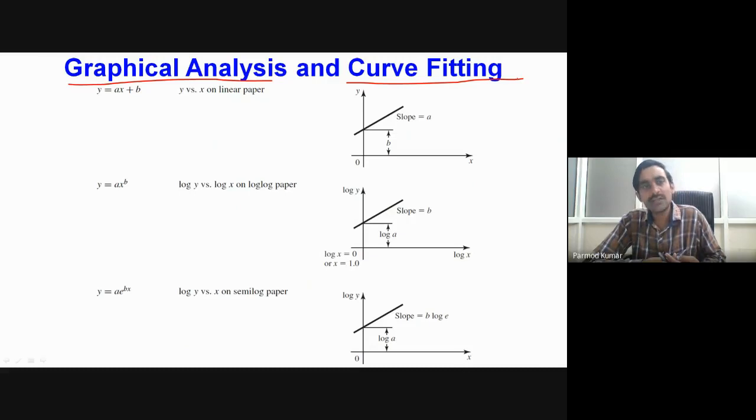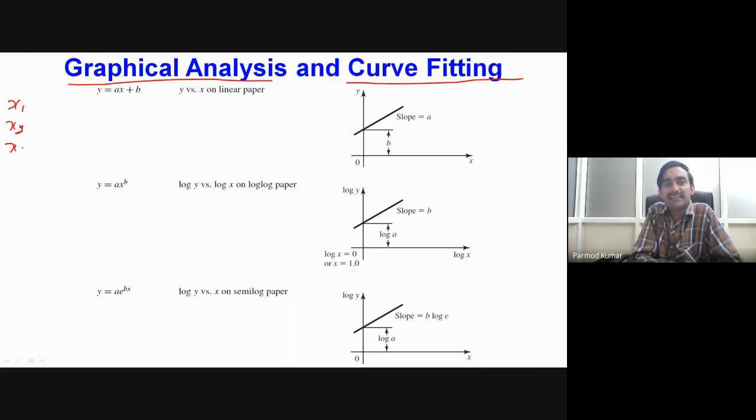Generally what we do is try to get some data from our experimental measurements, say x1, x2, x3, and corresponding to that we calculate our results. These results, y1, y2, y3, may be experimentally measured, or they may be measured experimentally and then further refined to obtain our final outcomes.